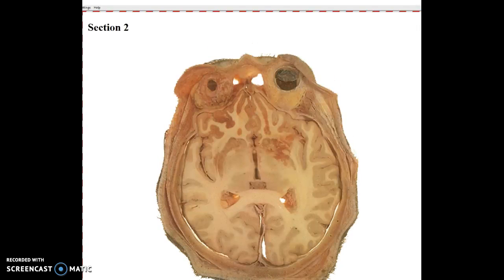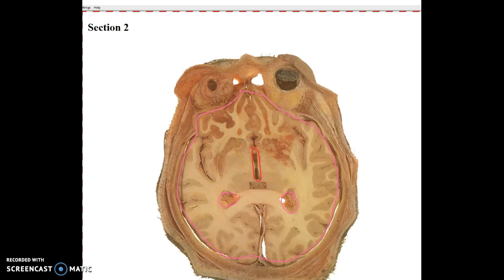Structures we have again. Once again, we've got that whole cerebrum. We have, once again, lateral ventricles here and there. Then our next structure is the third ventricle, and it is right there.